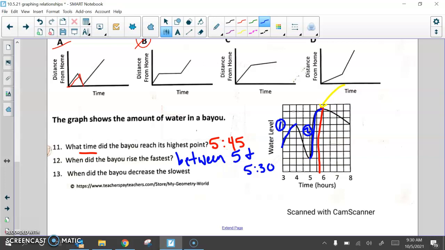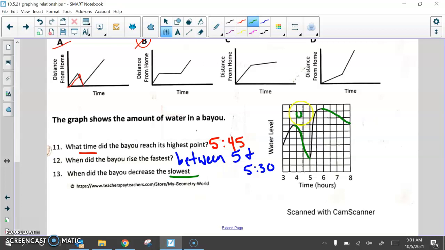And then when did the bayou decrease the slowest? So now we're looking at where it's decreasing on the graph. So it's decreasing right there, and it's also decreasing right there. So out of those two, which is decreasing the slowest, that means I don't want a steep hill.